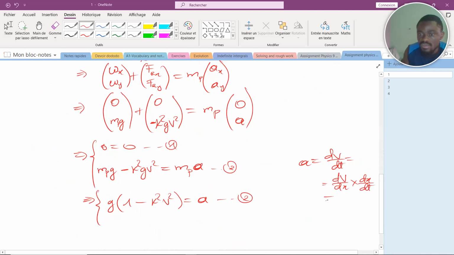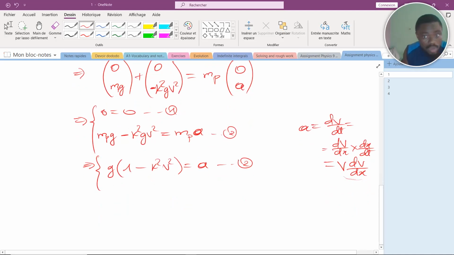Is that okay? dx/dt is the same as v, so acceleration is also equal to v dv/dx. We already have an expression that contains the x we are looking for. So I will replace the acceleration by v dv/dx.